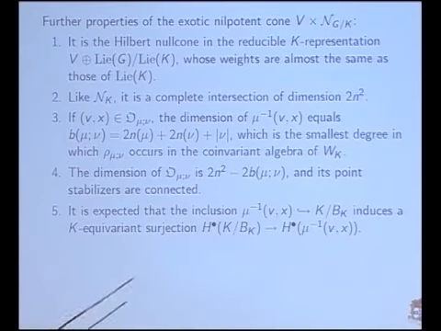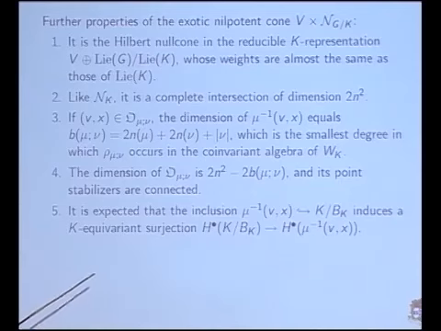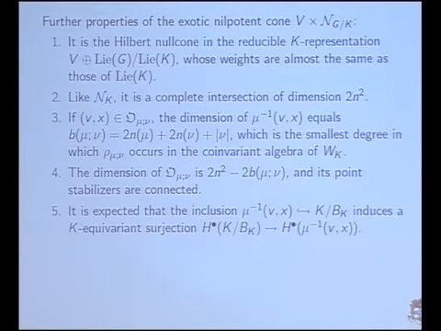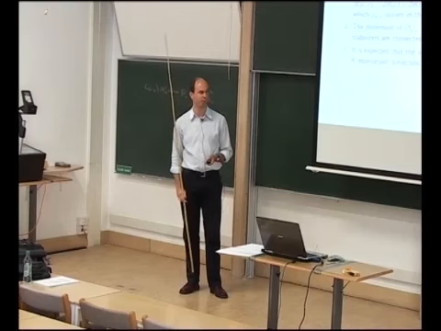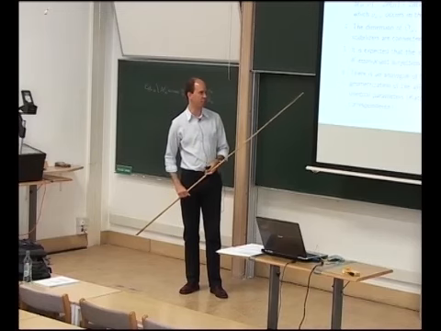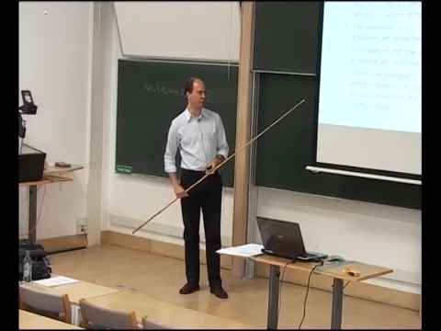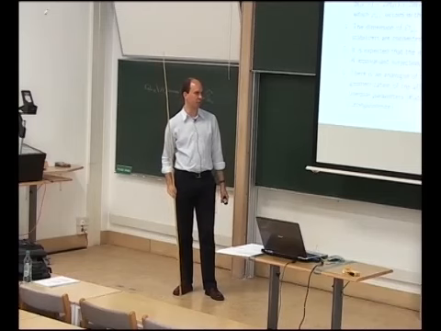It would make it reasonable why this irreducible representation rho mu nu, which is meant to be the top cohomology of this fiber, does occur for the first time in that particular degree of the co-invariant algebra. That's a feature which happens in the ordinary Springer fibers for type A, but not in type C. So yet another respect in which this exotic situation is more like the ordinary type A.